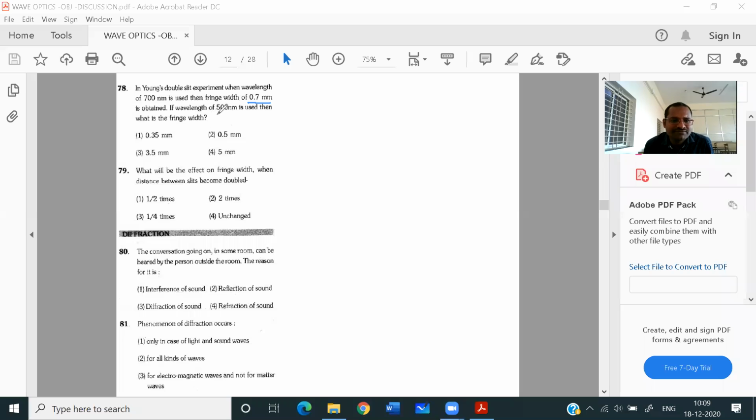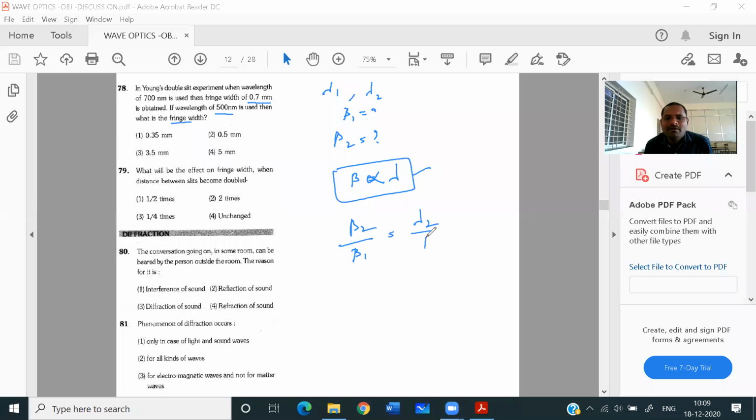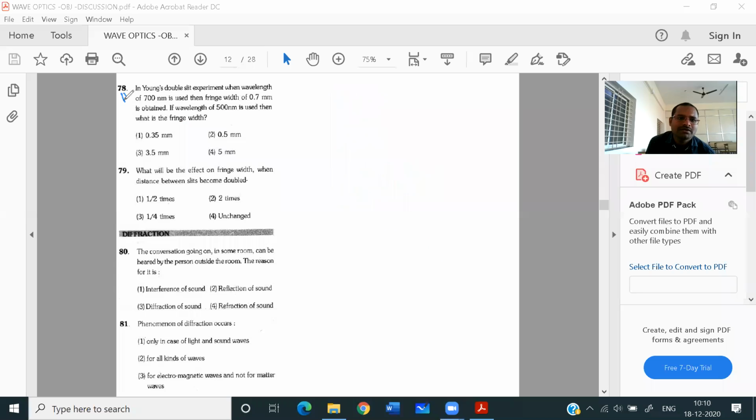If a wavelength of 500 nanometer is used, then what is the fringe width? Simple again, formula. Lambda 1, lambda 2 values are given and beta 1 value is given. Beta 2 we need to find. Beta is proportional to lambda, which means beta 2 by beta 1 is equal to lambda 2 by lambda 1. Use this formula and you will get the answer. We have already solved this type of question. Do this also as homework.